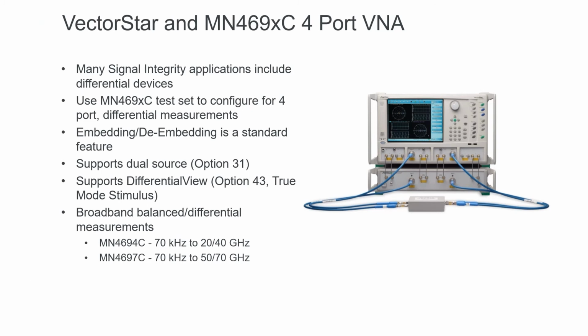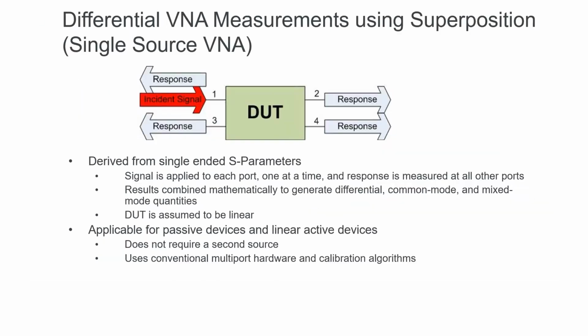These are the only systems that cover kilohertz to gigahertz. Again, 70 kilohertz low-end frequency all the way up to 70 gigahertz in the case of this VNA. So superposition is what we use to take the single-ended S parameters and convert them to differential S parameters. The way superposition works is we apply an incident stimulus one at a time to each port via a switch matrix that's part of the VNA system, and measure the response from all of the ports simultaneously.